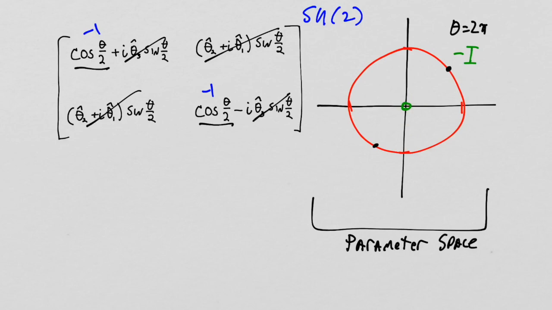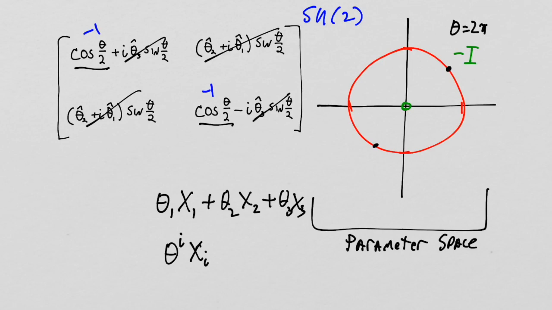Because remember, every member of the Lie algebra is going to be some number theta 1 times x1 plus some number theta 2 times x2 plus some number theta 3 times x3, where I should probably write it with the index up, and each element using the Einstein sum would look like that. So there I'm being flexible with my indices. But that is a member of the Lie algebra. So when I'm wandering around here, I'm picking out theta 1, theta 2, and theta 3, but I'm basically specifying a member of the Lie algebra.